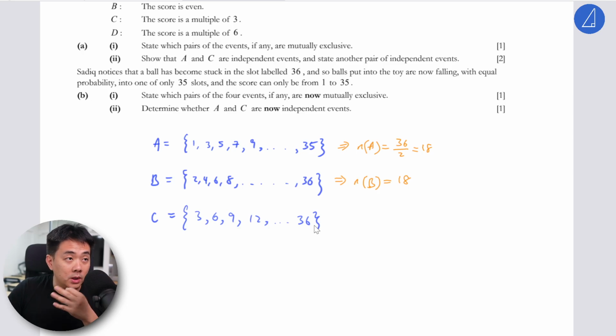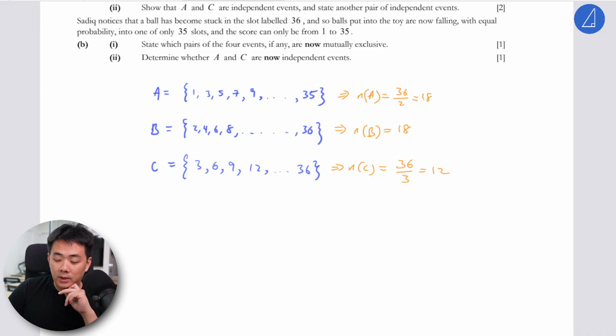I would reckon it's 36 divided by 3, which is 12 of them, because 3 times 1 is 3, 3 times 2 is 6, and 3 times 12 is 36.